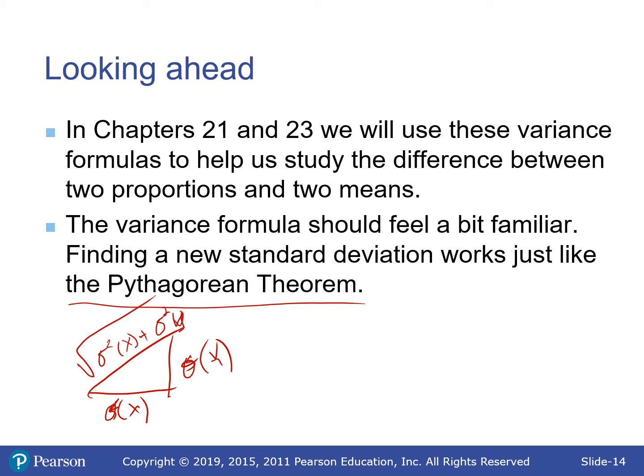That was supposed to be a y, but you need parentheses. So you have to square them, add them together, then you can square root to get that standard deviation. Again, I've never seen it described like that before. It makes so much sense that way. Anyway, we'll use these in some future chapters because we'll be comparing two different means, and so these will come back.